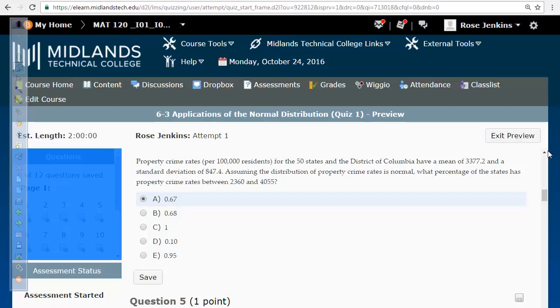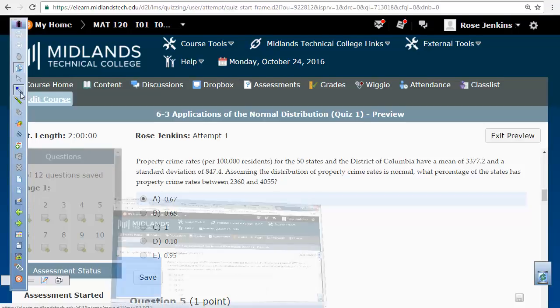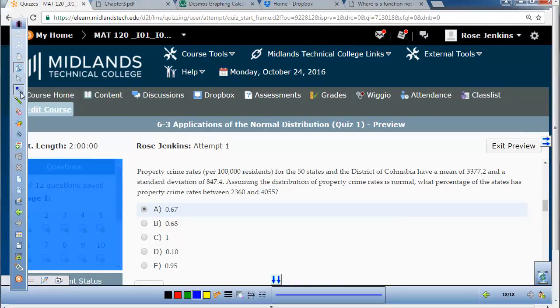Assuming the distribution of property crime rates is normal, what percentage of the states has property crime rates between 2,360 and 4,055? All right, so we're looking for, in this case, the percentage in a range of values, not just one value.